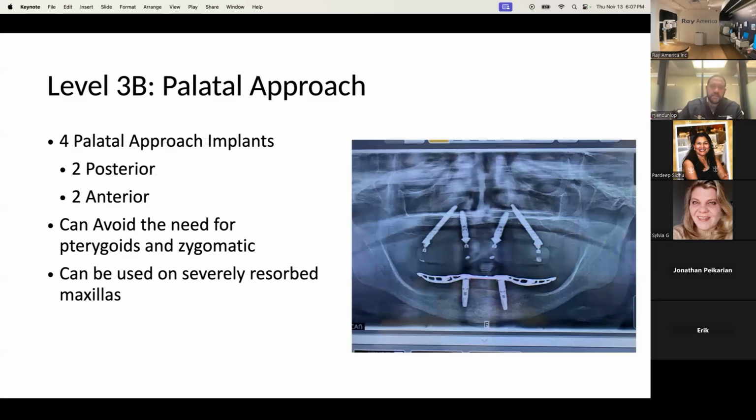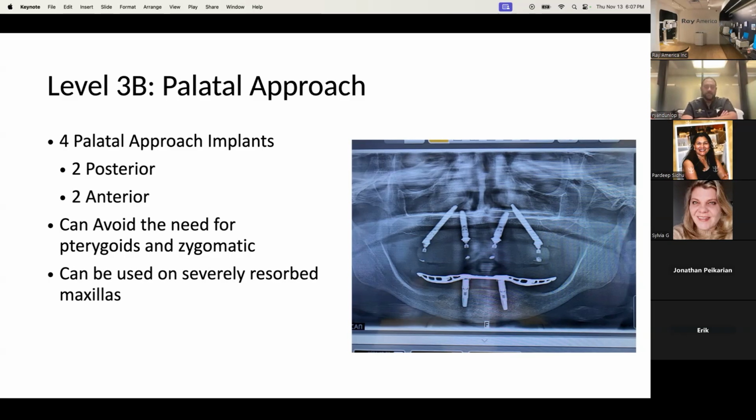So this is the next level up, and just as complex and tricky are our palatal approach implants. Very doable for most cases that have resorbed ridges. I've done palatal approach cases where just the posterior ones are palatal approach, or just the anterior ones are palatal, and I've done cases where all of them are palatal, and they all work out great.